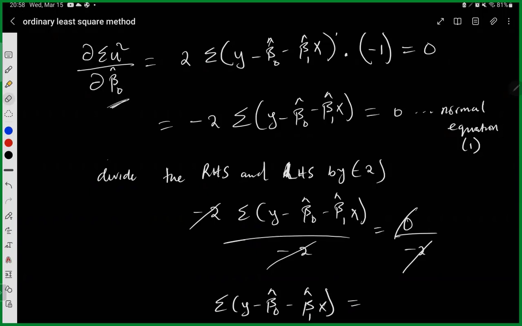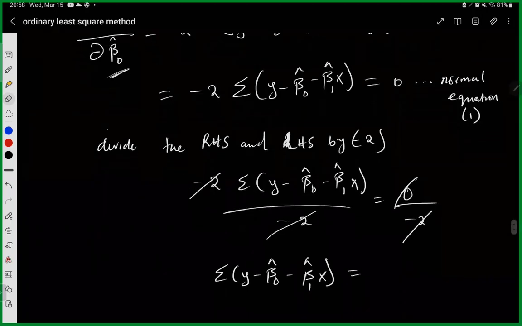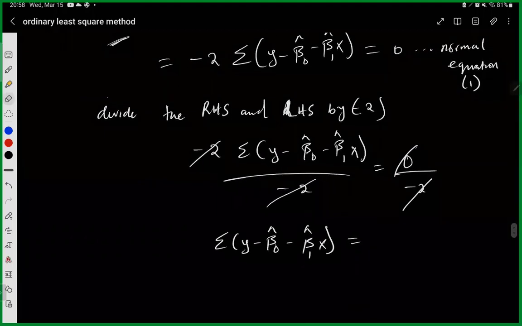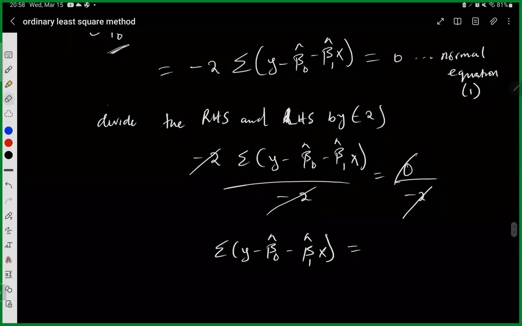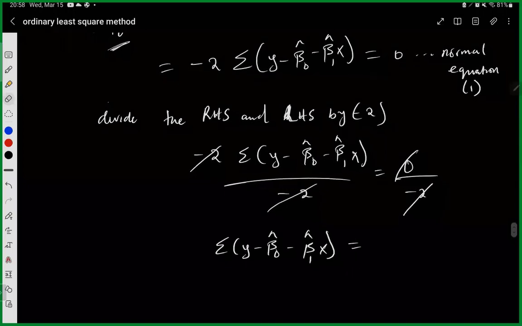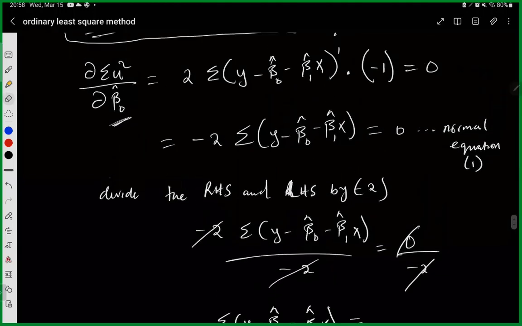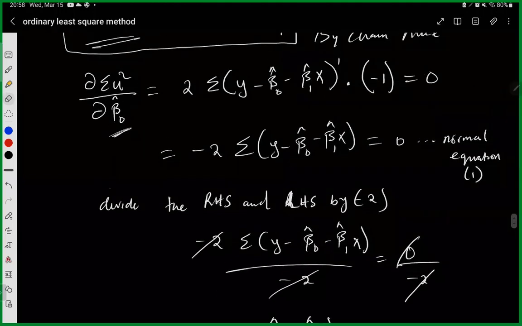Before I was kicked out of the system, just after you did normal equation 1, now just take me through where you are dividing by -2. In this case, because we have this constant multiplying that function and the product is equal to 0, this constant is a factor of 0.